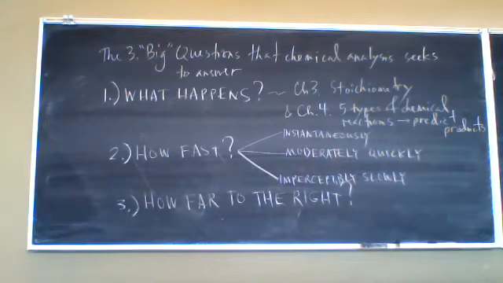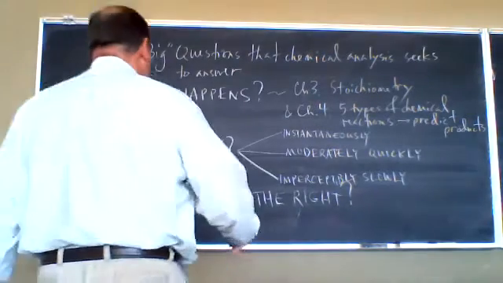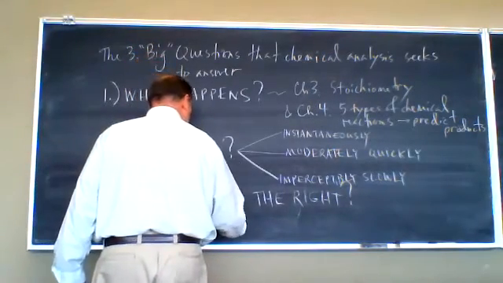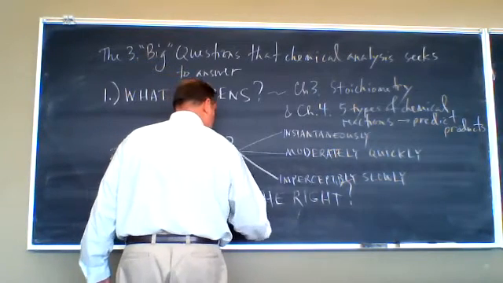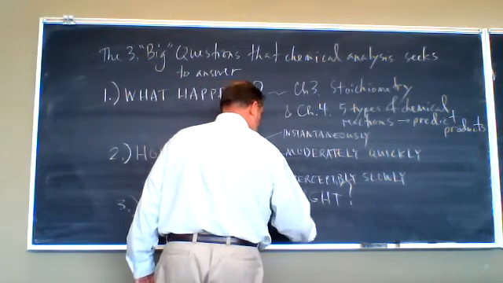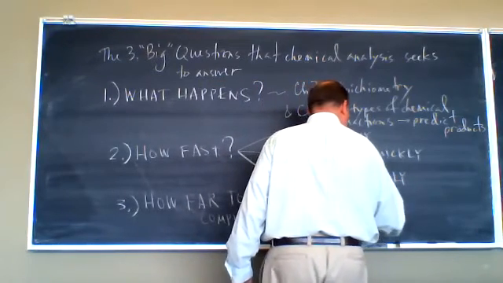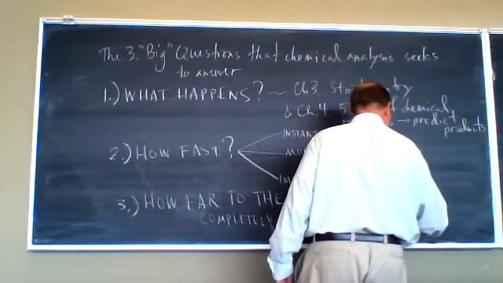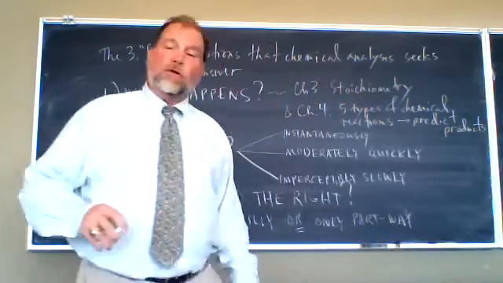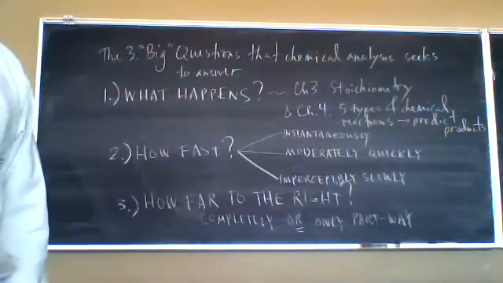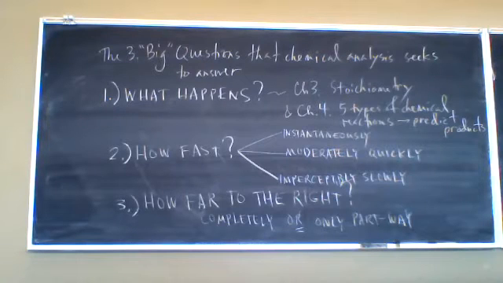And so how far to the right will a reaction go? Well, either completely or only part way. And when we start to talk about these reactions that only go part way to completion, this is where we have reversible processes.